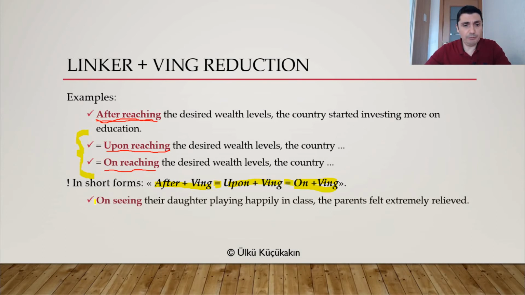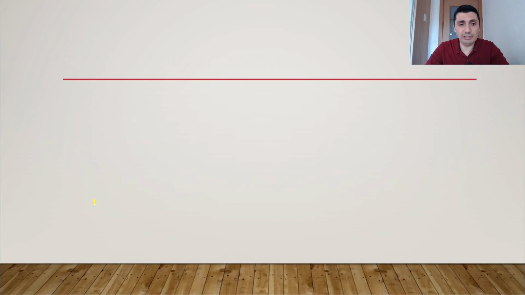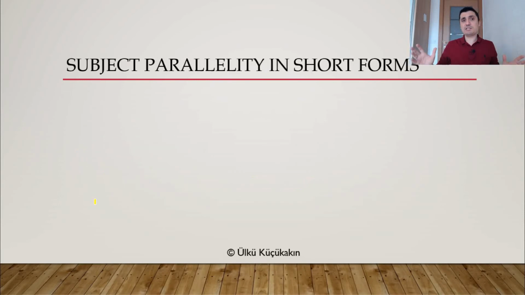So another example, on seeing their daughter playing happily in class, the parents felt extremely relieved. Okay? So probably there was some sort of a crisis at school. The parents came to school and they looked at their daughter, and on seeing their daughter playing happily in class, they felt relieved. Now, this is so important, everyone.